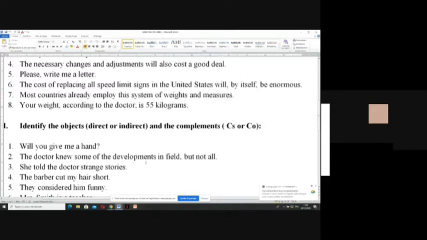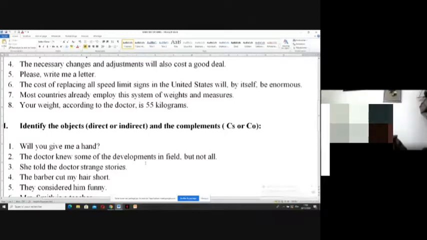Concerning sentence 2, the doctor knew some of the developments in the file, but not all. In this sentence, we have a direct object, which is some of the developments in the file. So this is a direct object. Which type of verb is it?